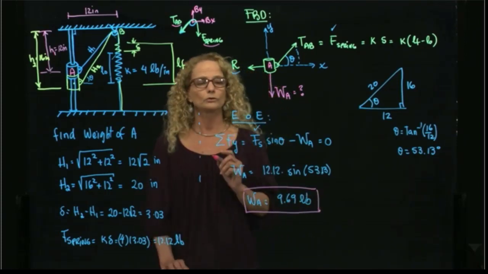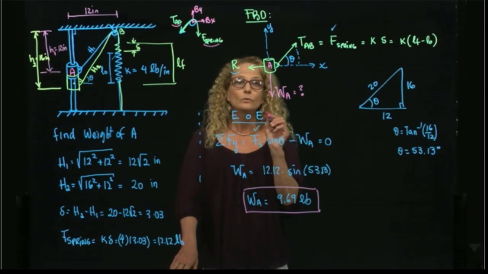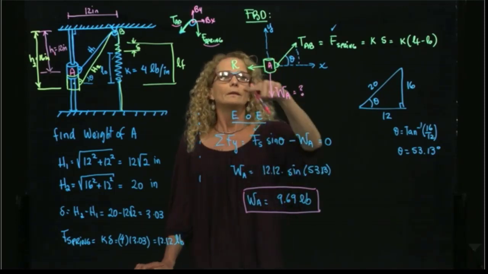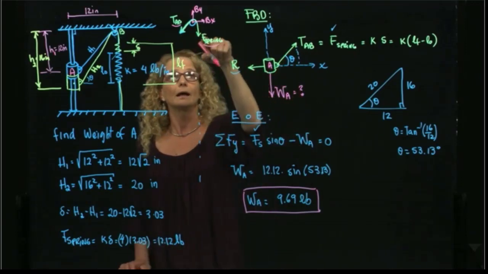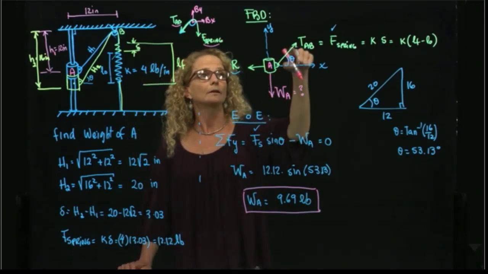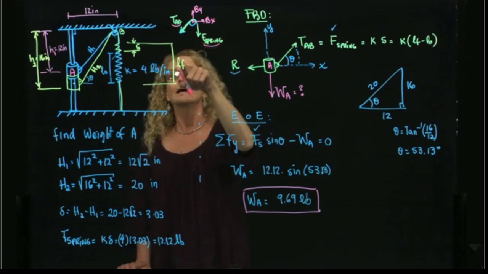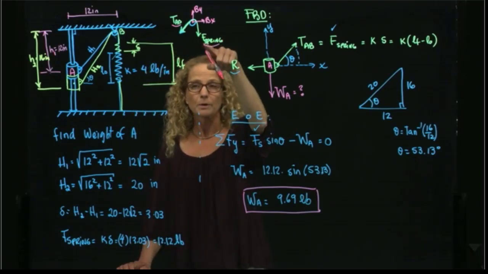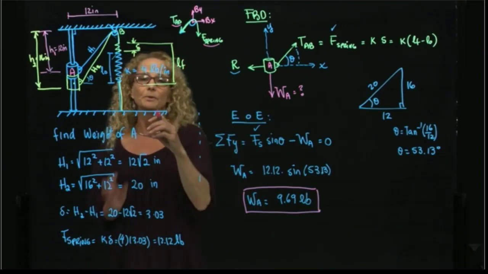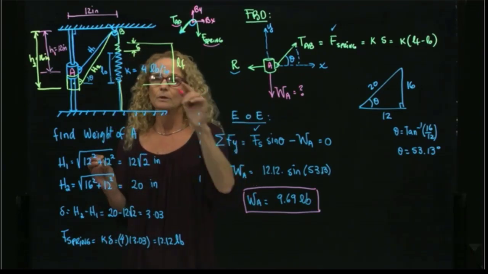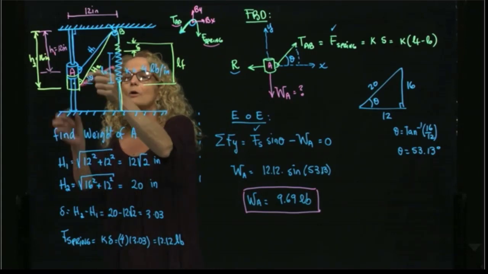And this is the solution of this problem. Just to recall, we did our free body diagram and we noticed that we had too many unknowns. So we did the analysis of the pulley and noticed that the tension was equal to the force of the spring. And then we had to find this force of the spring. And to find the force of the spring, we need to find how much the spring has been stretched. And we found it through analyzing how much this went down.